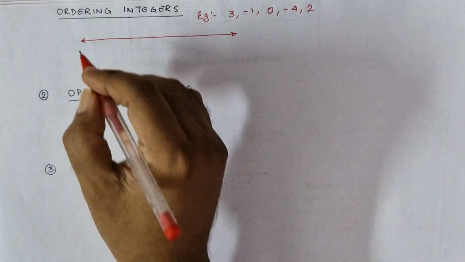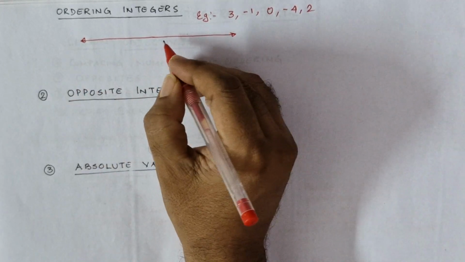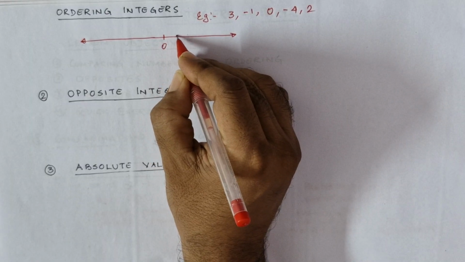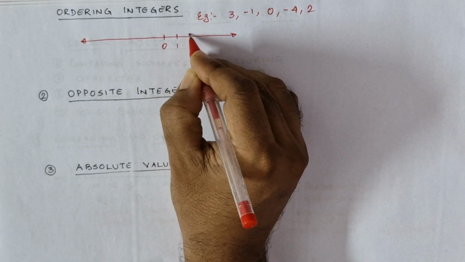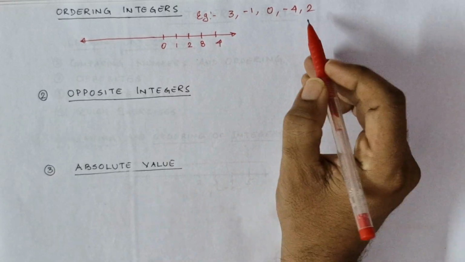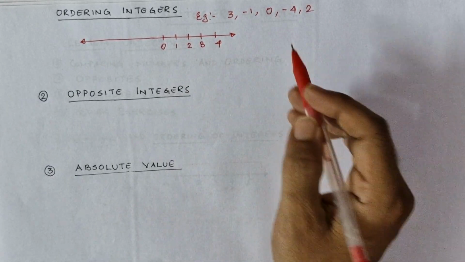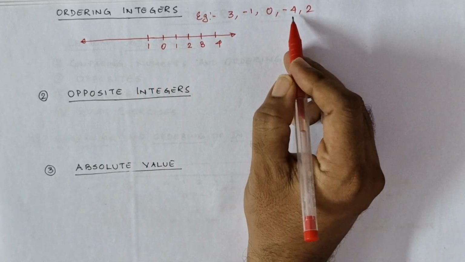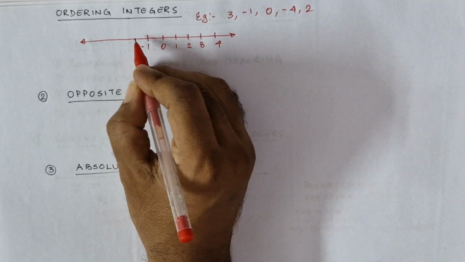Let's draw a number line here. Center point is 0. So we'll do 1, 2, 3, 4. So 3 is the limit you can see in the positive end, and -4 is the limit in the negative end.